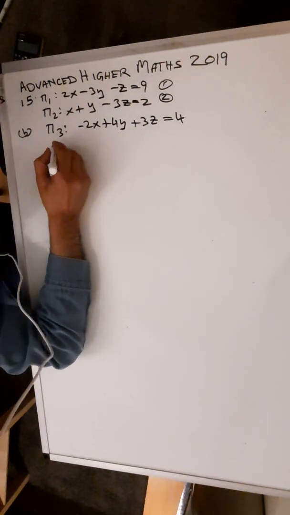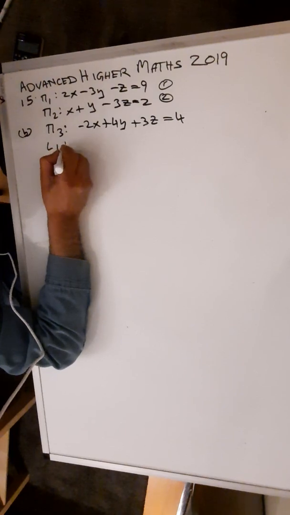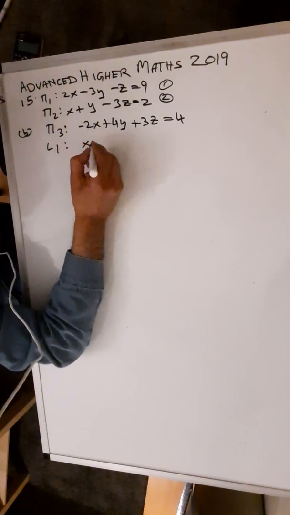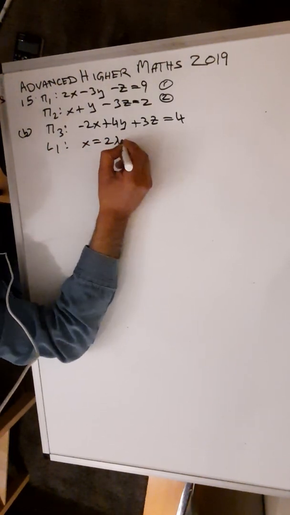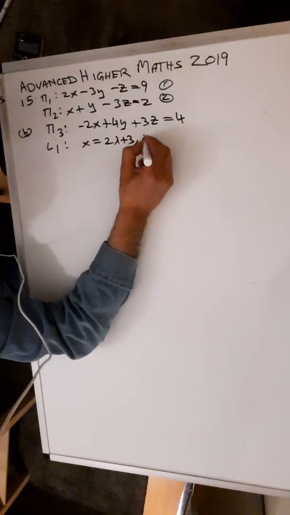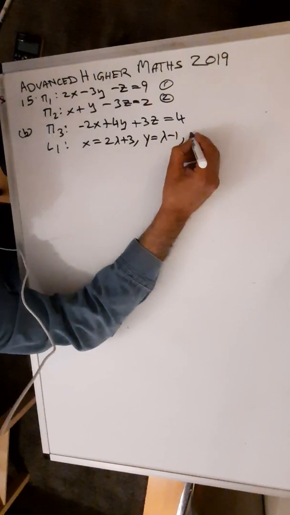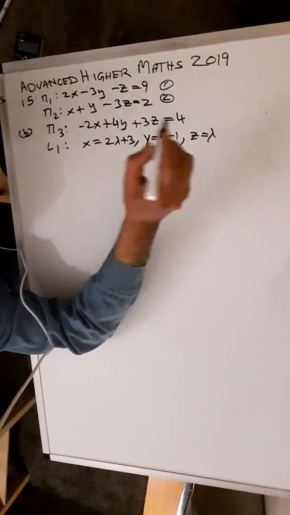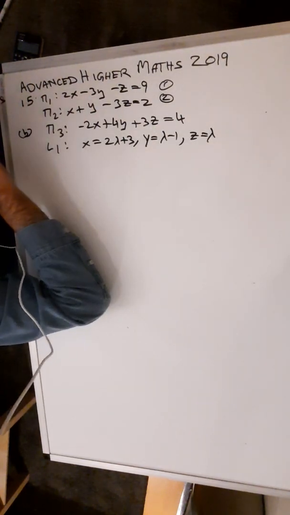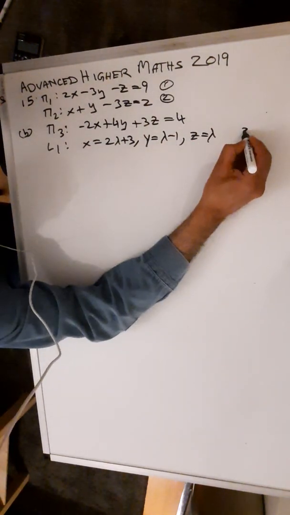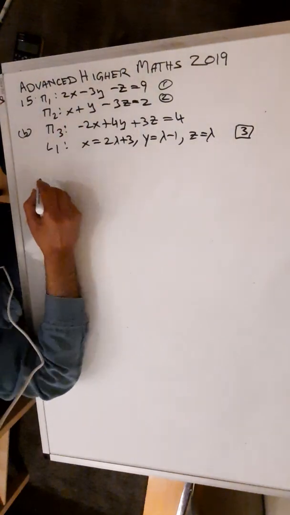L1, you already had that, so that was x is equal to 2 lambda plus 3, y is equal to lambda minus 1, and z is lambda. Part B is for 3 marks.